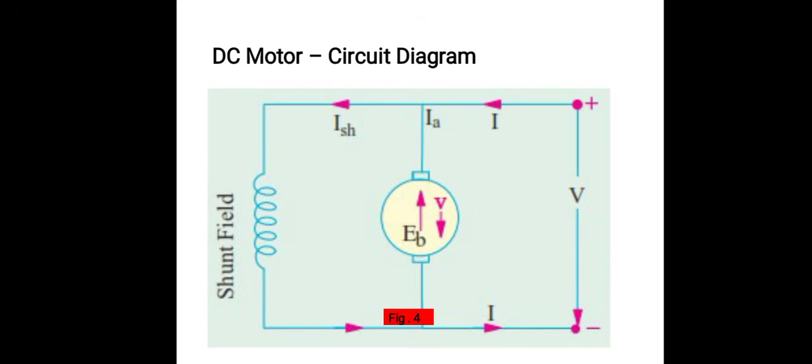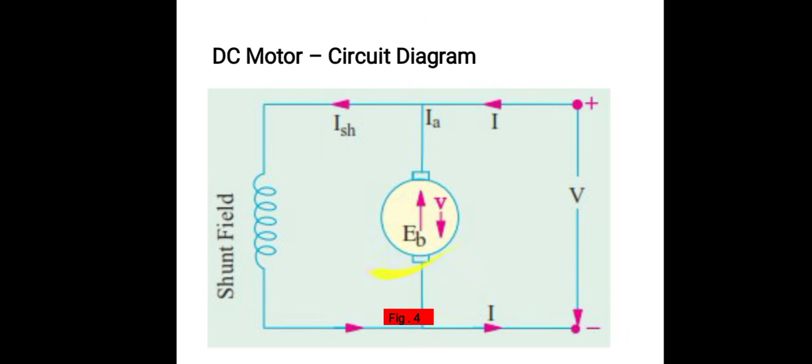The field usually has high resistance, so the field current is less. The armature will always have low resistance, so the armature current will be high. So the total current IL, the line current, is equal to Ia plus Ish.